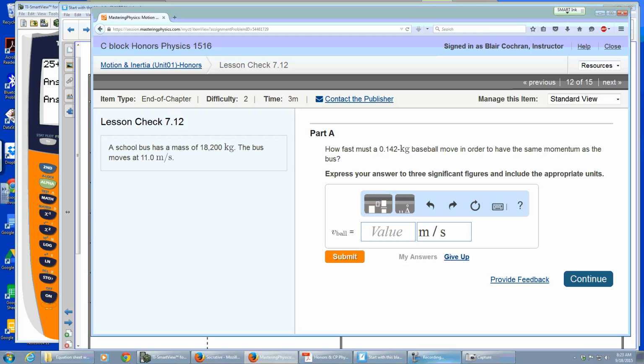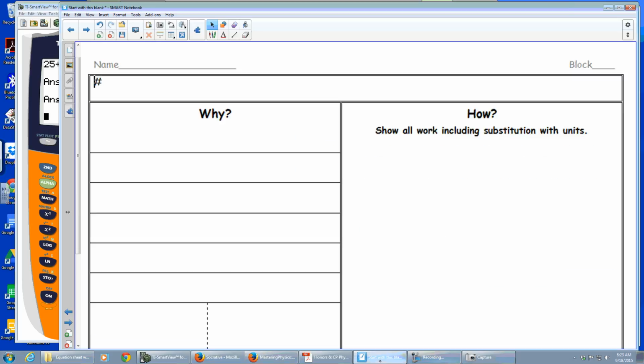So 7.1.2 about momentum. In my why, I would start off with my understanding of momentum. Momentum is inertia in motion. That's the general saying that I understand what momentum is. But then I also need to make sure that I'm specific to the problem.